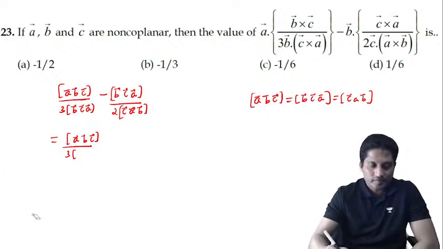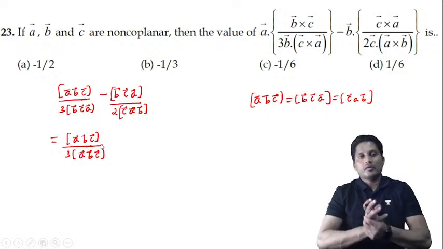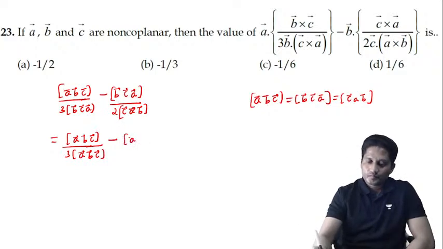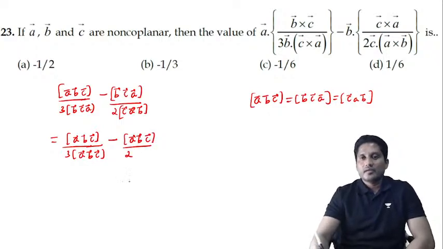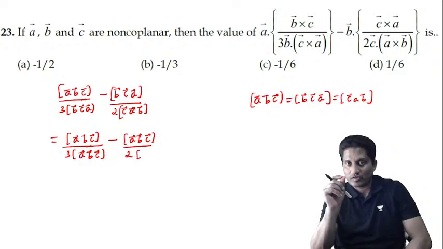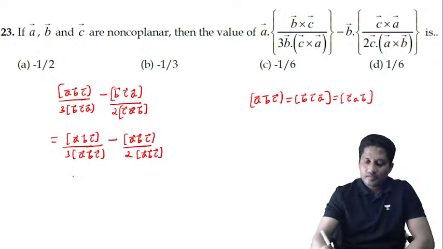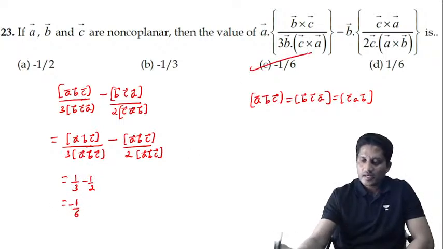Now minus box of BCA is the same as box of ABC, and 2 times box of CAB is the same as box of ABC. But if you interchange any two, you get a negative sign. This is box of ABC. You get 1 upon 3 minus 1 upon 2. Answer is minus 1 upon 6. Answer is option C.